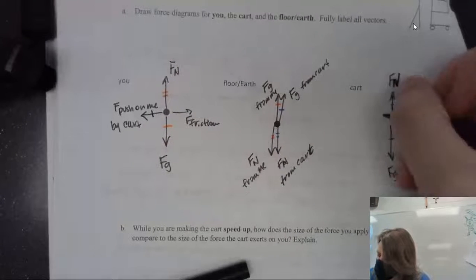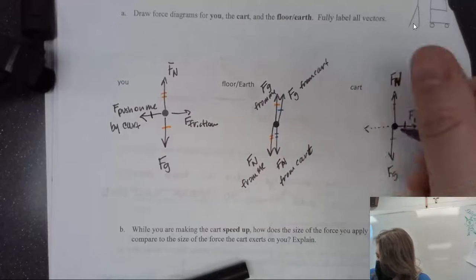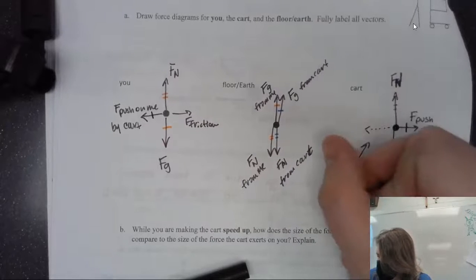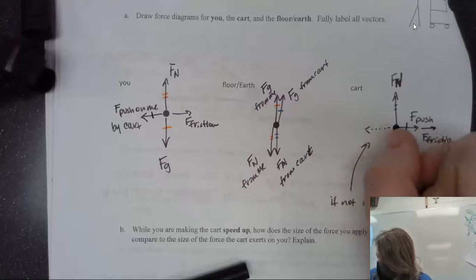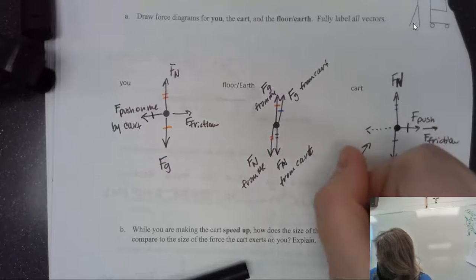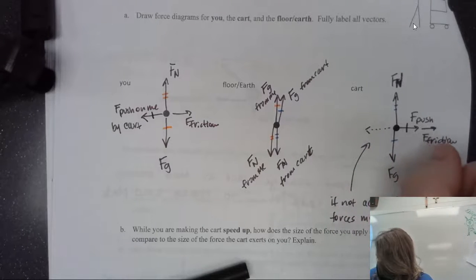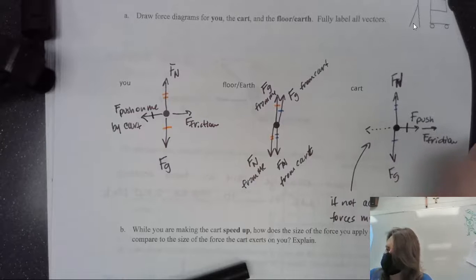So there's probably something else happening here. So there has to be, if this thing is not accelerating. The other possibility is that if the forces are balanced, that these forces are really small, right?